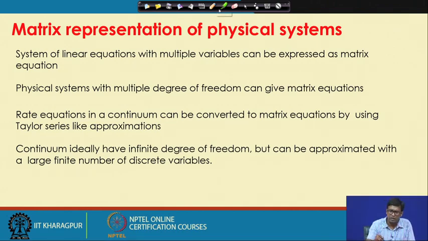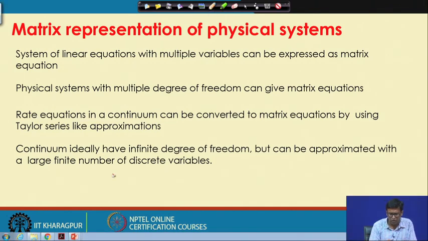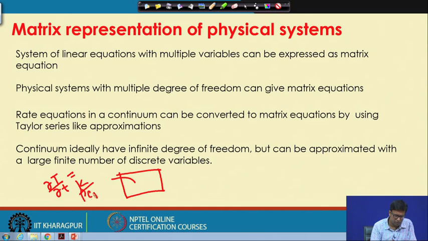For example, if we think of a continuum space, like a metallic strip, here we are solving the heat conduction equation, which is del T del t is equal to k by rho C p times del 2 T del x square plus del 2 T del y square, an equation like this.